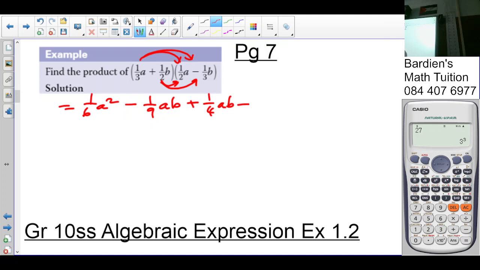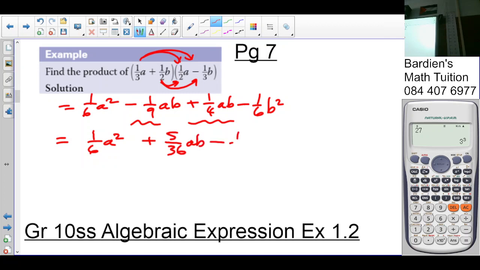A half b times negative a third b is negative 1 over 6b squared. Again, those are like terms. You've got the LCM of 36 there, so it's going to be negative 4 over 36 plus 9 over 36, which is positive 5 over 36 ab, minus 1 over 6b squared.